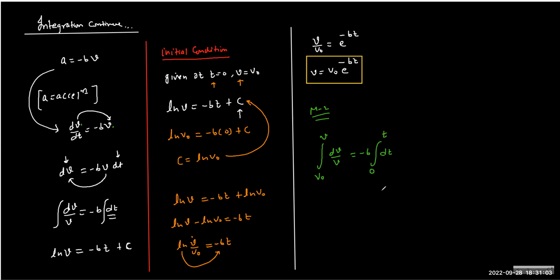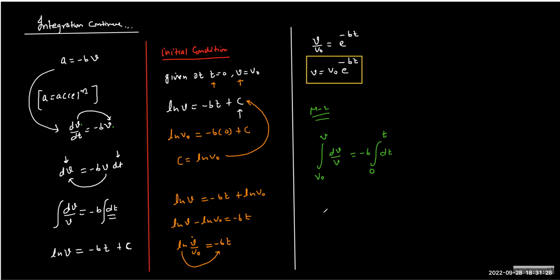Understood? Are you getting the way of writing, how to use the initial condition? You can put it as a lower limit. So that's the takeaway: in physics, we always take the lower limit as the initial condition, and the upper limit will be the general condition.